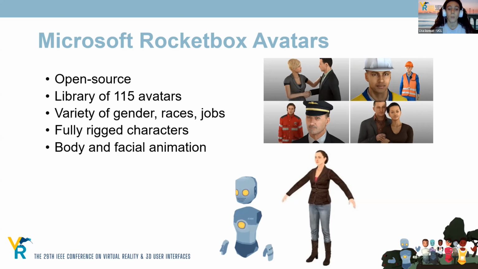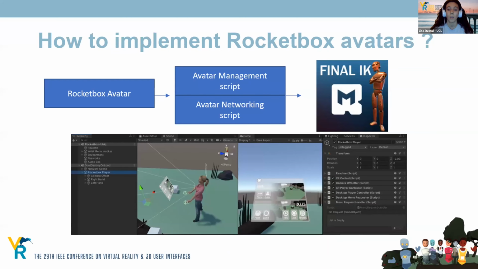Why we decided to use this Rocketbox avatar is that we wanted to offer another solution from the floating avatar that currently exists in Ubiq. Implementing this Rocketbox avatar is quite easy under Ubiq.